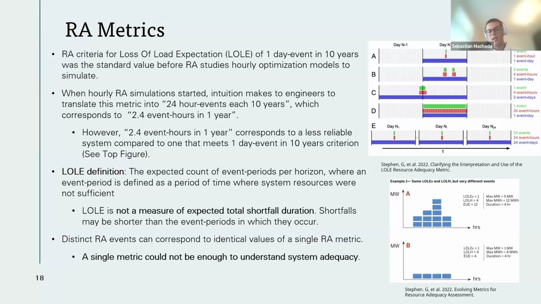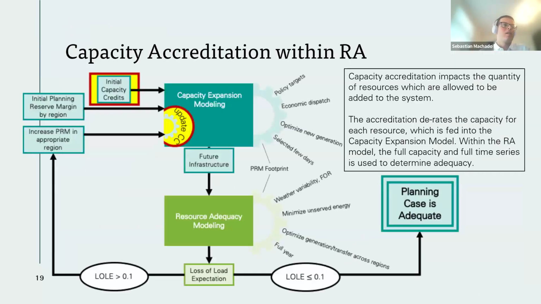You need a complete set of reliability metrics to do an assessment and to really understand what is going on in your system. So we can pass to the next slide, and I will pass over to my colleagues at PNNL. Go ahead, please.